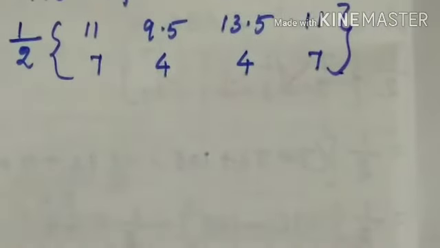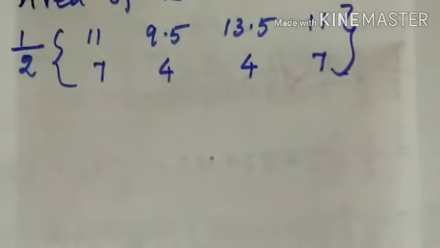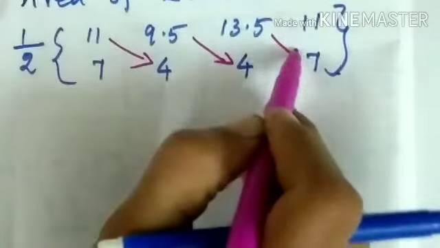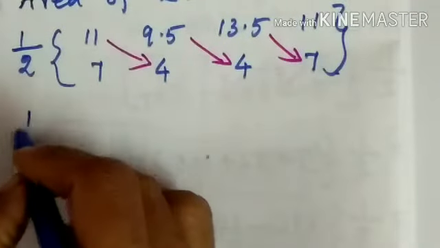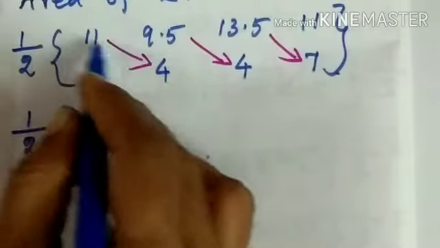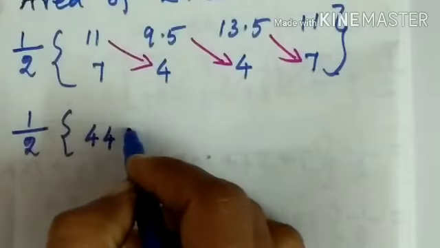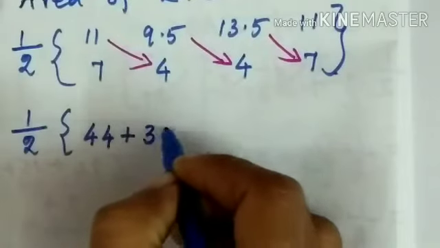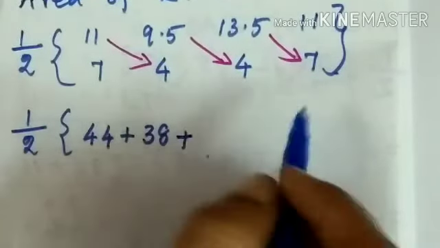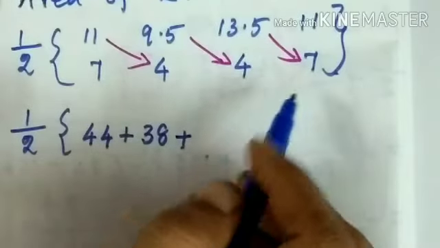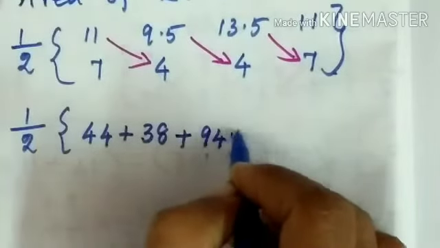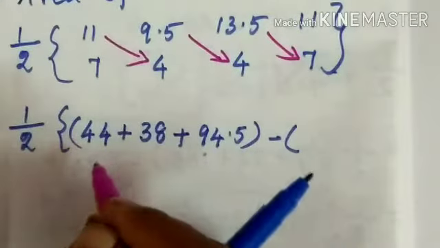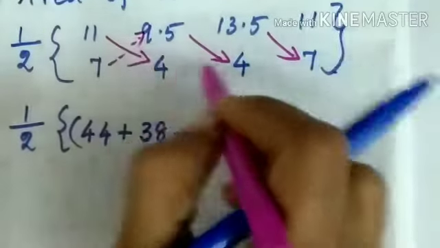Okay, now you have to multiply this from top to bottom. Then we get half into 11 into 4, 44, plus 9.5 into 4, 38.0, that is 38, plus 13.5 into 7, 94.5, minus of, now you have to multiply from bottom to top.